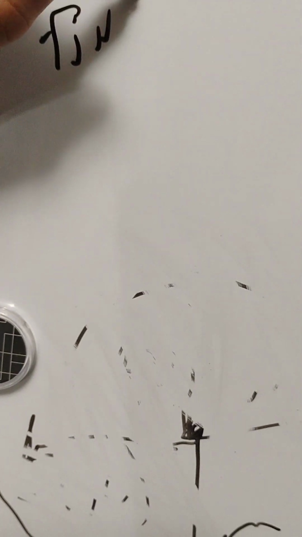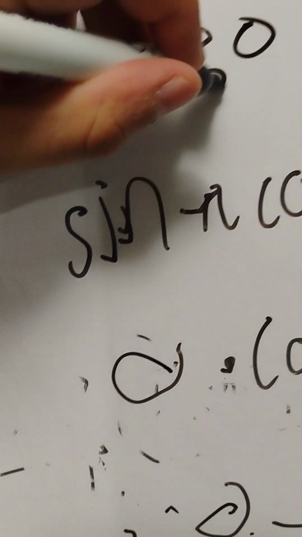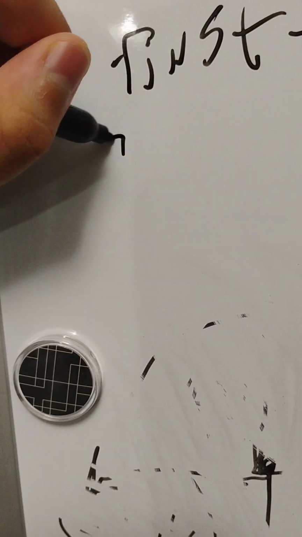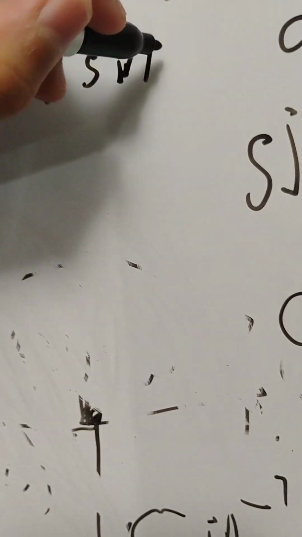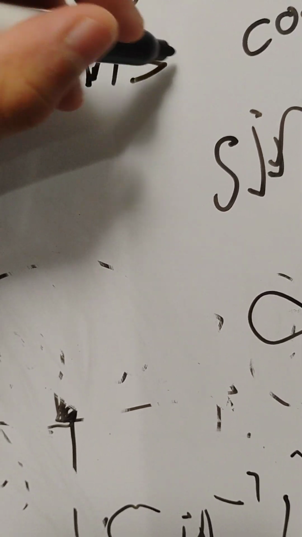So remember, in the first quadrant, sine is greater than 0, cosine is also greater than 0. And then in the second quadrant, remember always, sine is greater than 0, while cosine is less than 0.